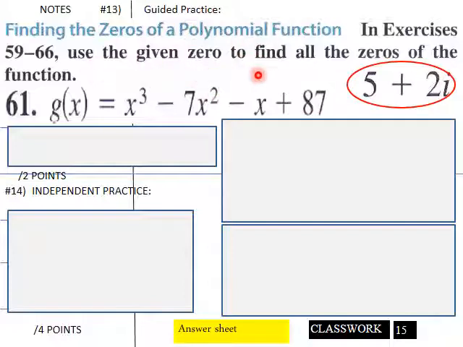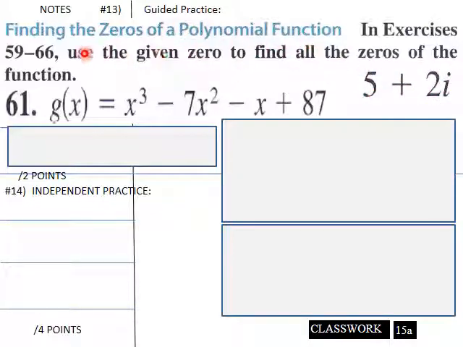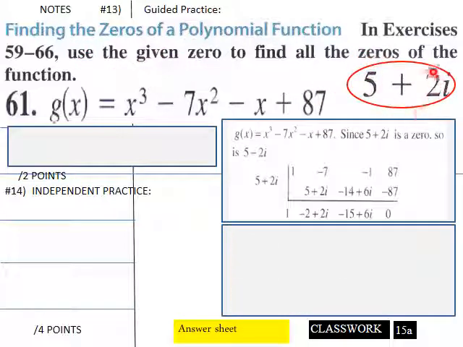Use the given zero to find all zeros of the function. So here's our given zero, 5 plus 2i. If we use polynomial long division, we set up 5 plus 2i as our divisor, and then we multiply through, combine like terms, and so on.